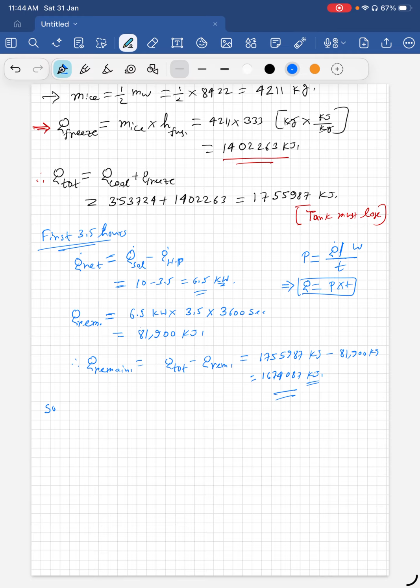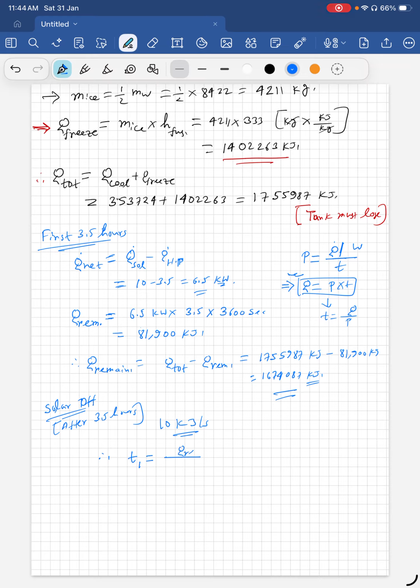So now the next step is solar is off, after 3.5 hours. That is our next step. At this moment, the heat pump removes the energy at 10 kilojoule per second. So then the time will be taken. From this equation, we can write time will be Q upon P. Here the Q is the Q remaining, and the time taken I am writing as T1.